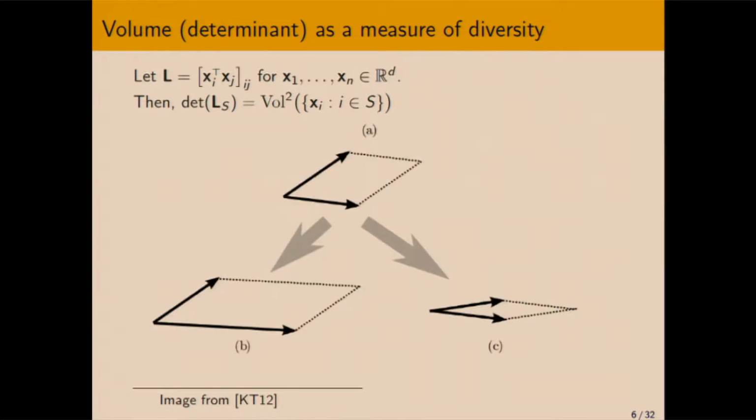Volume has this property that it induces diversity, in the sense that we're not going to have two vectors that are really close to each other in the same set, because that will have very low probability. It also promotes vectors of larger length. So it works at the same time as an importance sampling distribution as well as a diversity-inducing distribution.